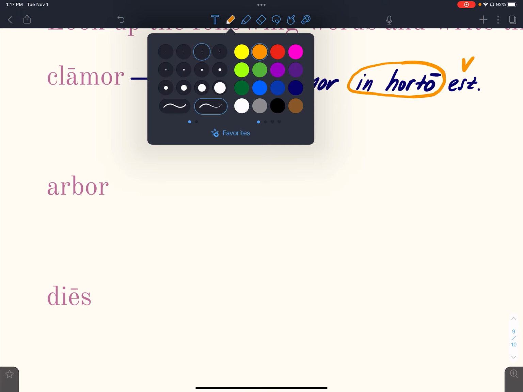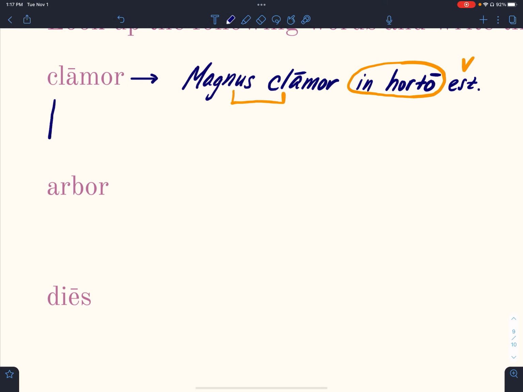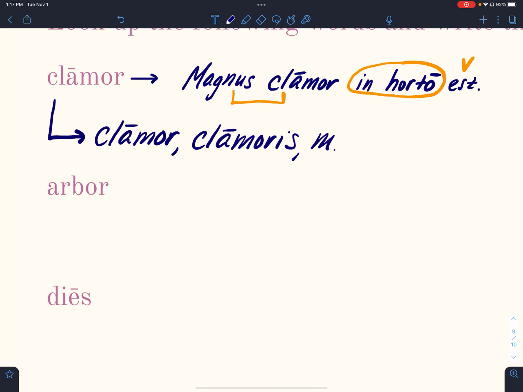And if you were to look it up in the dictionary, this is what you would get. Clamor, clamoris. It doesn't follow the patterns that we just talked about, but the noun itself is masculine. This is where memorization comes in, but this is also where adjectives become a very useful tool.